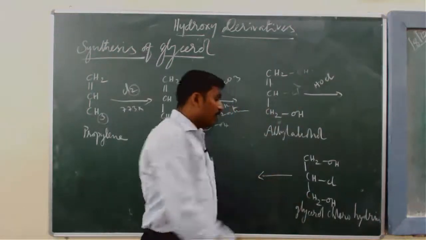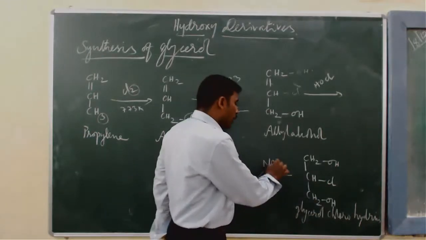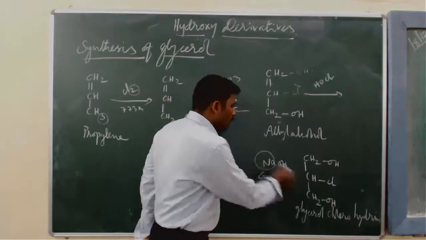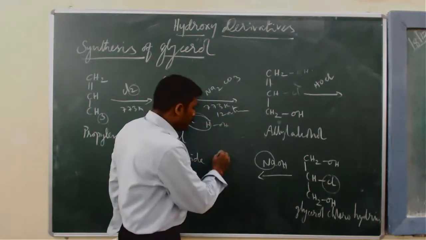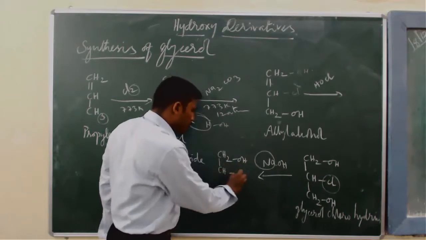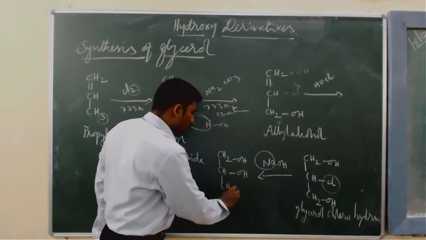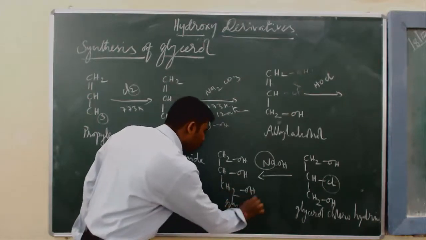Followed by, we don't want Cl, we need only OH, isn't it? So we are going to add sodium hydroxide. Now Na and Cl, removal of NaCl. What is remaining? CH2OH bond CHOH bond CH2OH, namely glycerol.